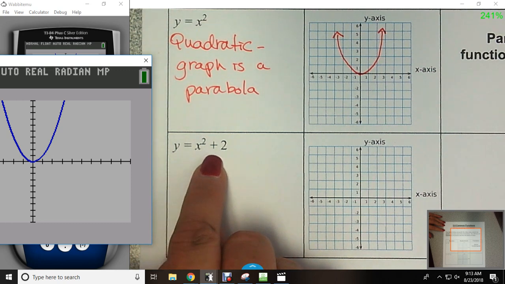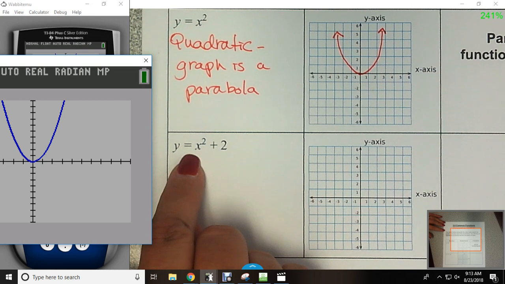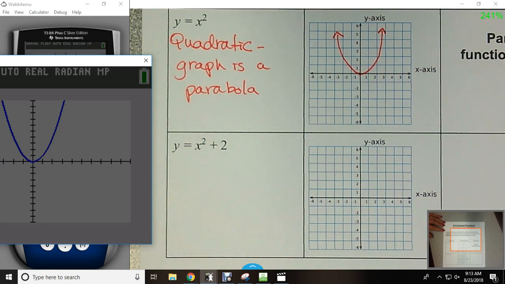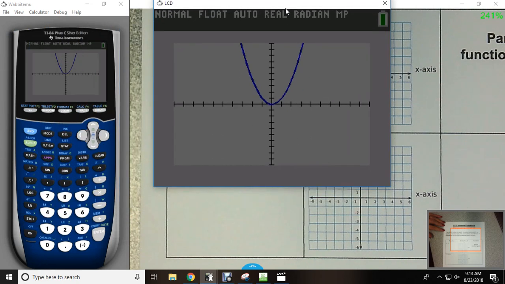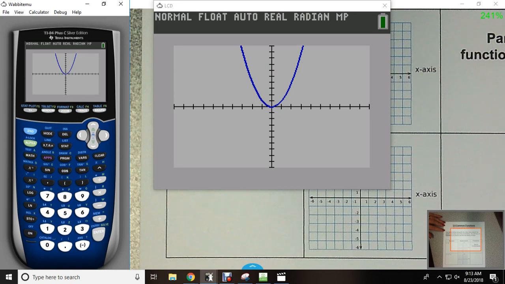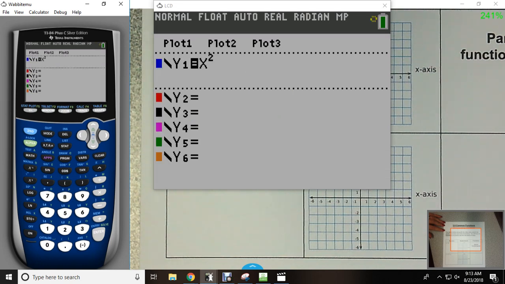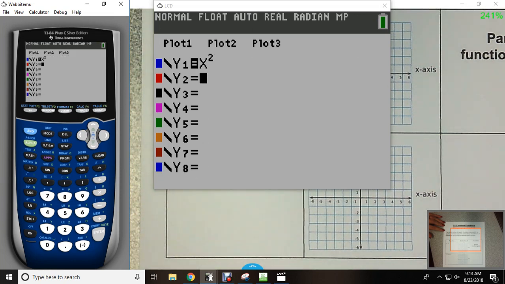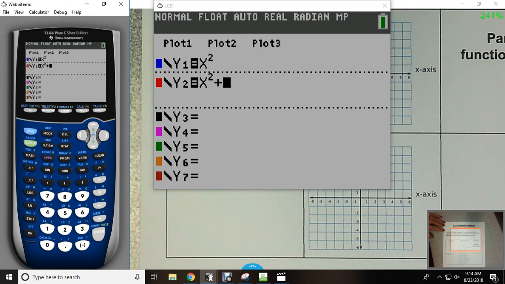Notice, in the second one here, all I've done is put a +2 after my parent function. Well, I want to graph that and show you what it looks like, and then we'll talk about what it did to the graph. Okay, so I am going to leave my parent graph on the screen in blue, and I'm going down to the y sub 2, and now I'm going to graph x squared plus 2. And my new graph will be graphed in red.